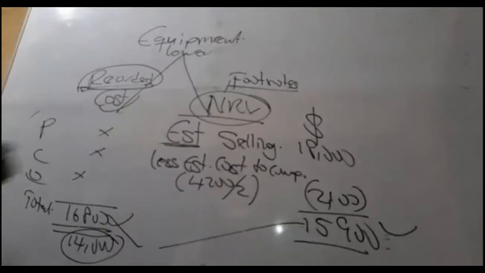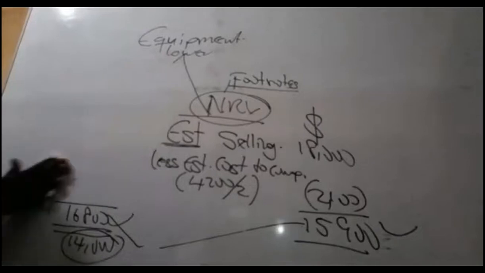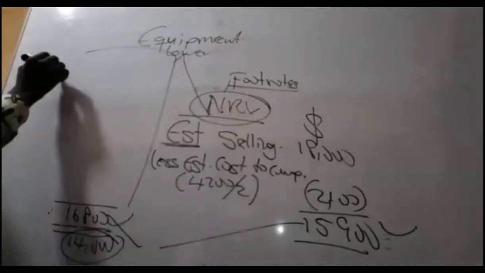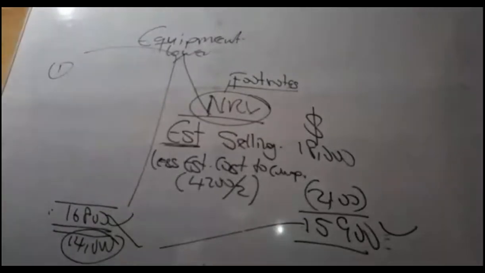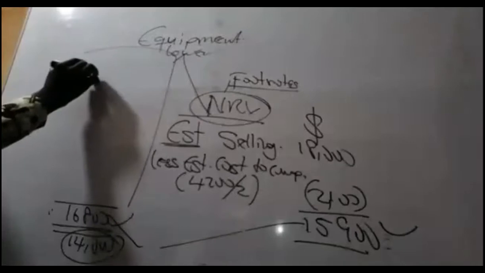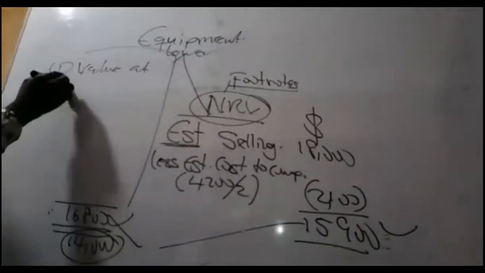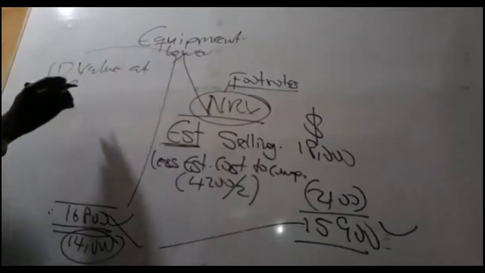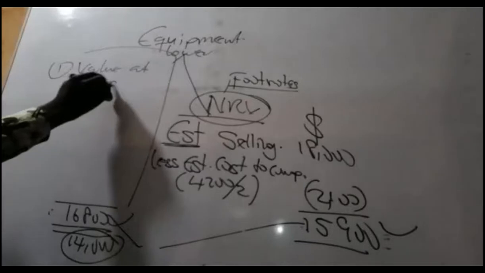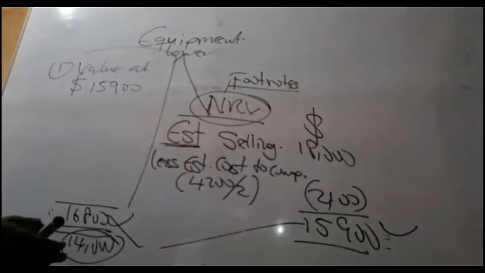So over here, these are the terms that we are going to use. Let me write them here. All of them are in the same label. One, this inventory, so we call it equipment, must be valued at $15,900, not the 16,800 that they incurred.